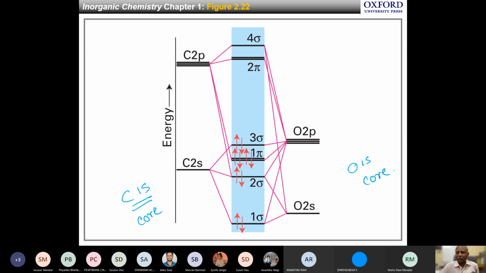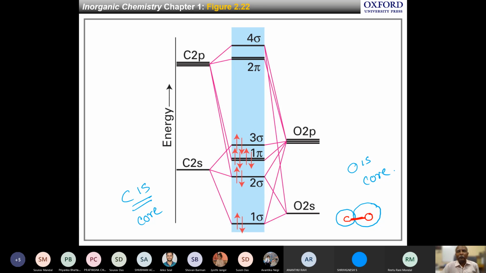So we start with 1 sigma. 1 sigma is the combination of the oxygen 2s and the carbon 2s. Because oxygen is more electronegative, oxygen will contribute more and carbon will contribute less. So let's call it CO. That's the geometry that we are talking about.